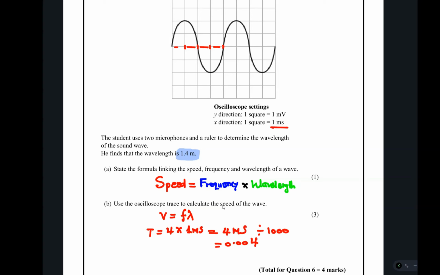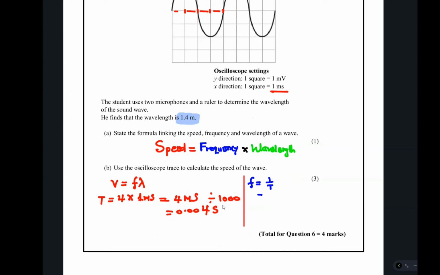That's the periodic time. But remember, our time is in milliseconds, so what are we going to do? To get the time in seconds, we're going to divide by 1000. So our periodic time for one complete cycle is 0.004 seconds, and we know that frequency is 1 over period, which is going to be 250 hertz.